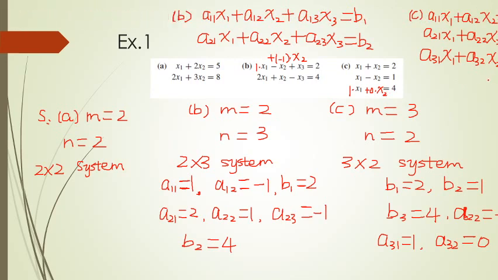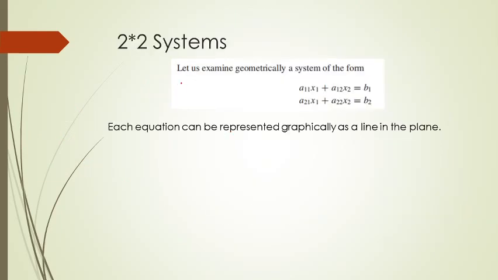The coefficient A32 exists, but is equal to 0. So if we're given a simple linear system, we can figure out all the coefficients Aij and Bi's, and we know the m and n values. M denotes the number of equations. N denotes the number of variables, right? Now let's start from the 2 by 2 systems.